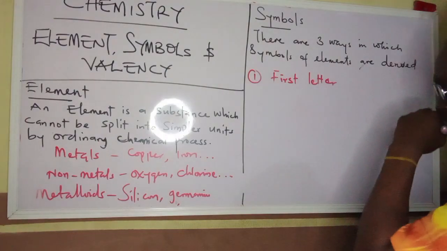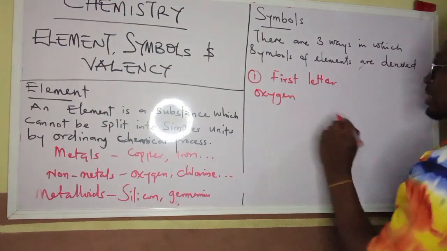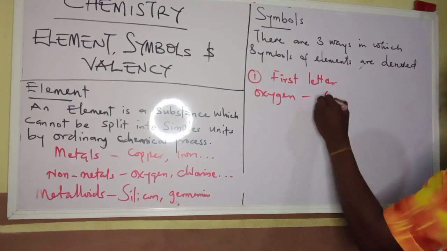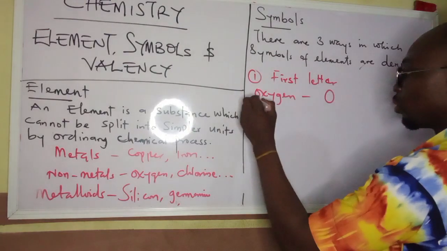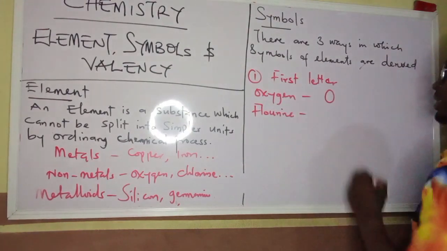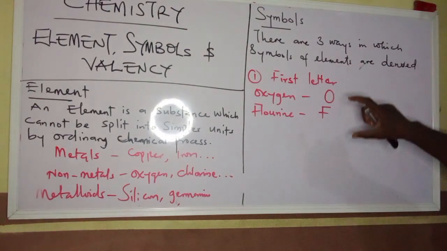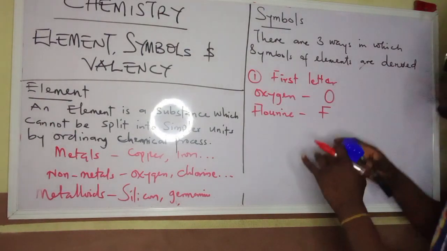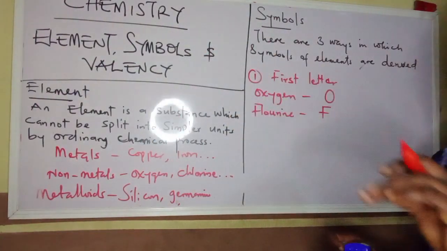For example, in the case of oxygen, the symbol for oxygen is capital O. For the case of fluorine also, the symbol is capital F. So this is one way in which the symbols of these elements are derived.